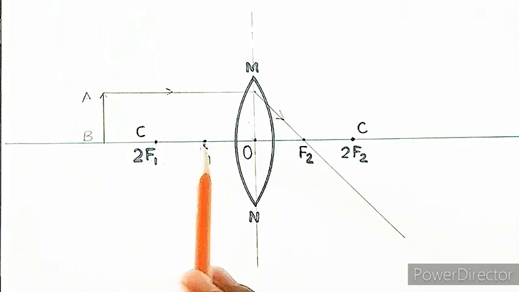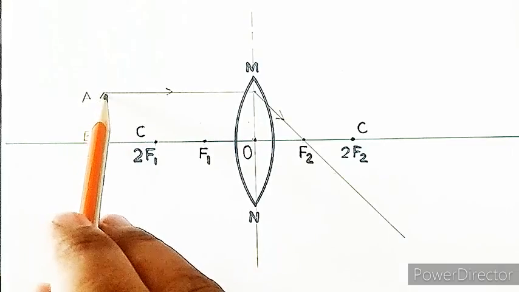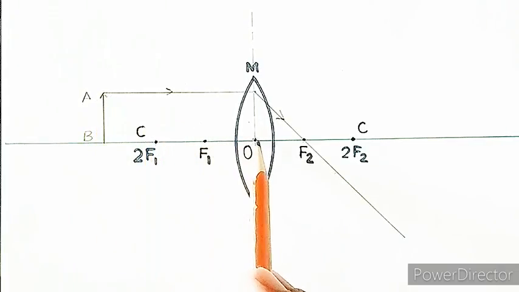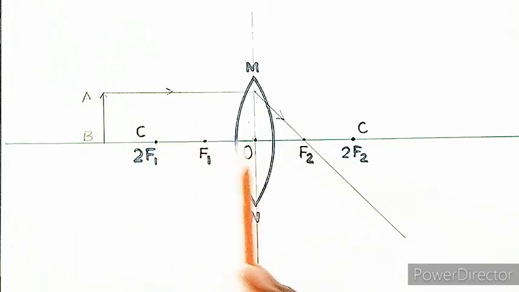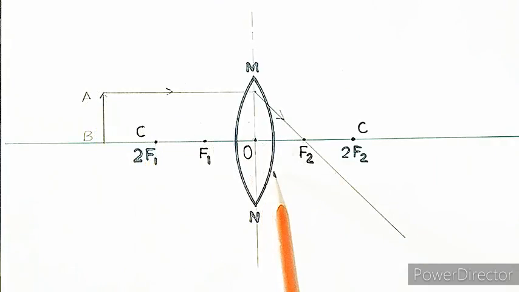This is the principal focus. After refraction, it will travel parallel to the principal axis. It will meet here. Or a ray of light which is passing through O, that is the optical center, it comes out without any deviation. Whether you draw this one or you draw the other one passing through F parallel to the principal axis, they both will meet at the same point. So to get the image, you require any two rays.